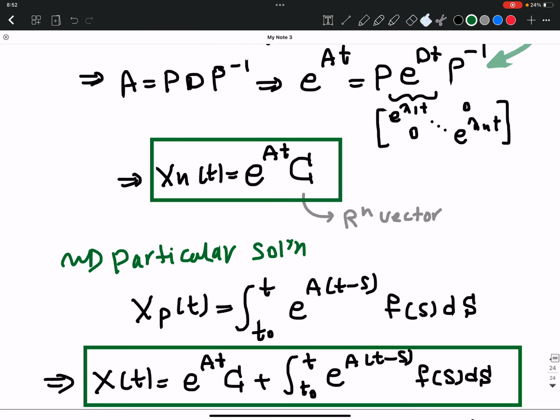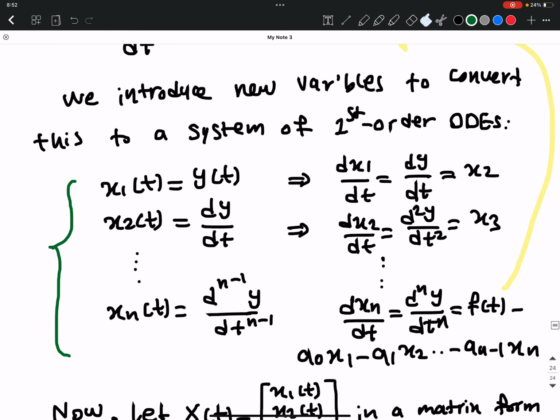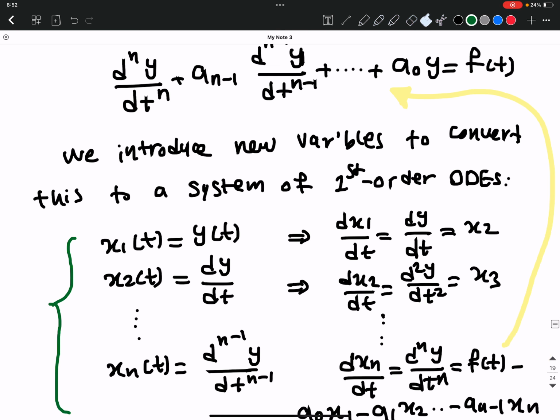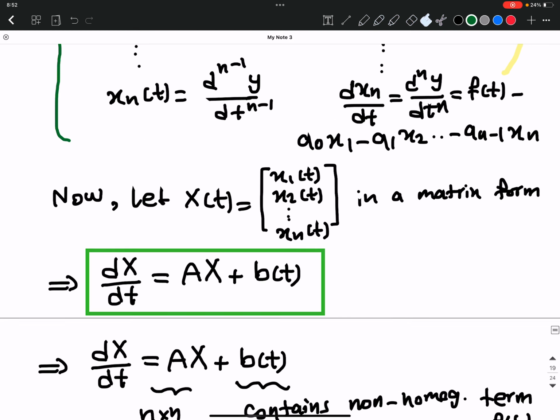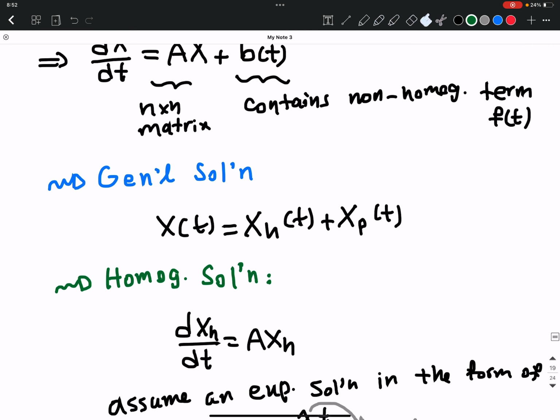The first thing we did, from the previous lecture, is that if you have an nth order ODE like this, we can convert it to a system of first order ODEs by introducing new variables, let's say x, and then I can show the whole system as dx over dt equals Ax plus Bt, which consists of all first order ODEs that I had solved before.